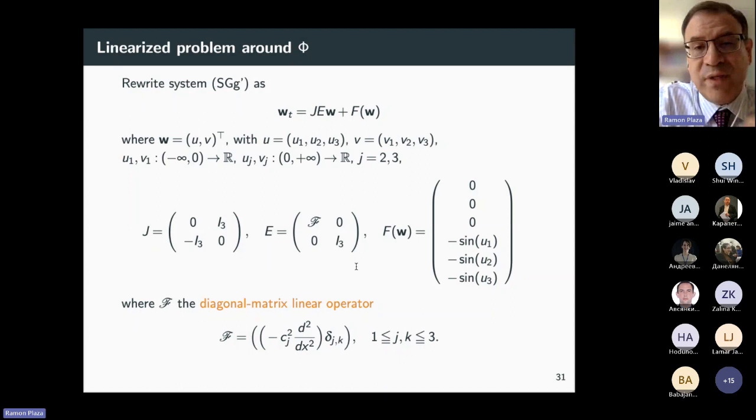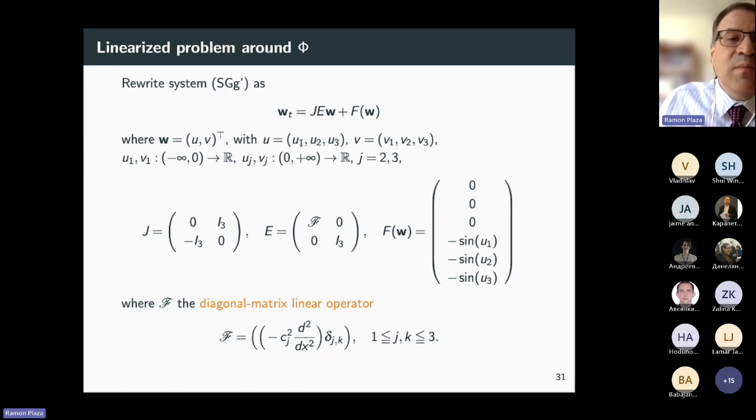So according to custom, you start by linearizing your nonlinear problem around this solution. So you rewrite the sine-Gordon model again in vector form with these operators, J and E, and the nonlinear terms are comprised in this F as before.